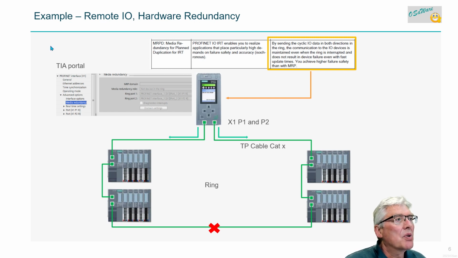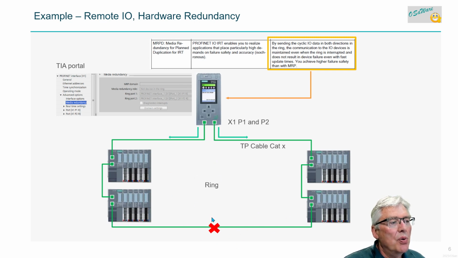And then there was the second interface here where we talked about hardware redundancy. You can also have a redundant CPU and how to use media redundancy. But the thing here is that you connect all your I/O, this remote I/O or smart sensors and actuators, if they are capable of being in a redundant ring.